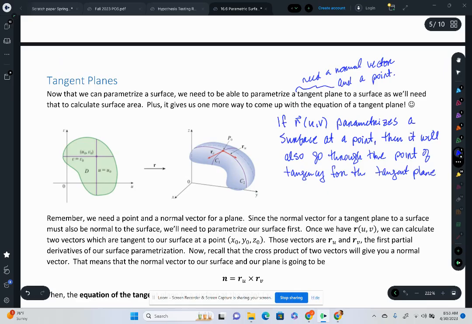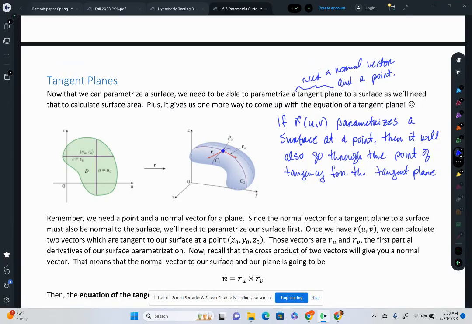Okay, so I've got a little picture drawn right here. This is a surface, S, and we've got a point right here, that's P naught. And so right at P naught, we've got this parametrization for the entire surface, but we're fixing on one point on the surface, P naught.